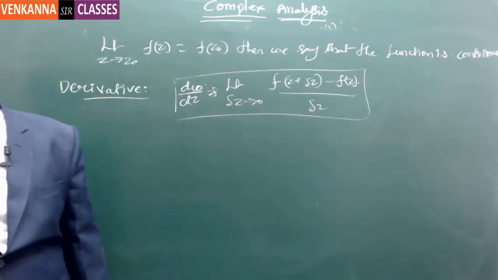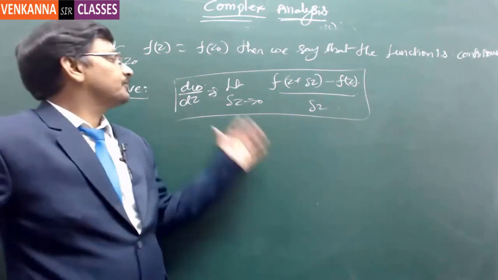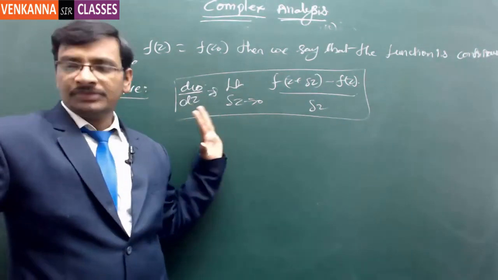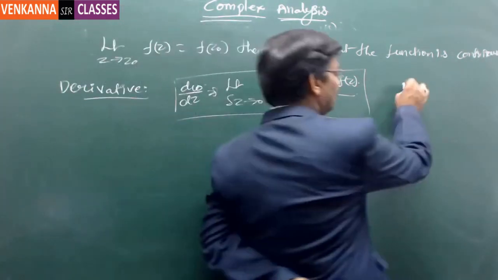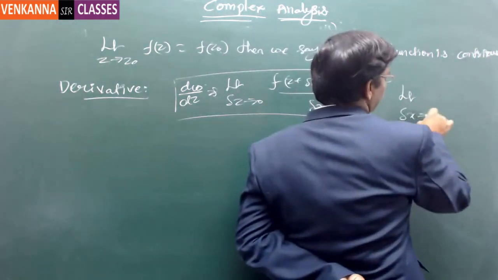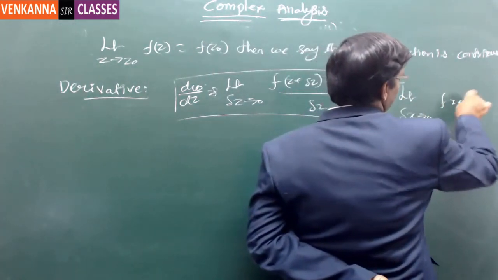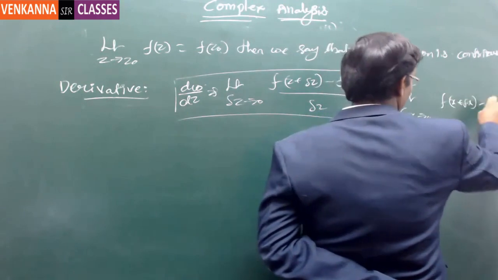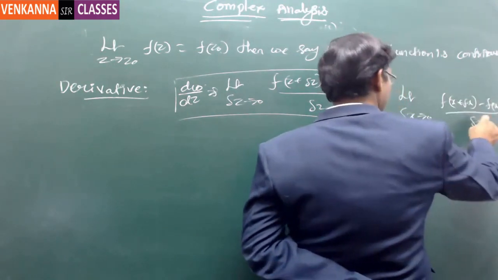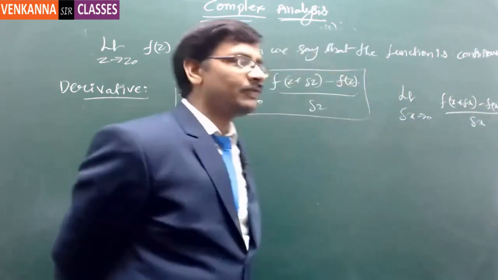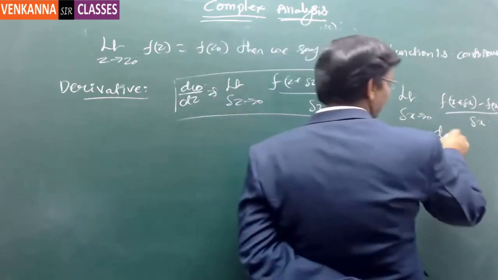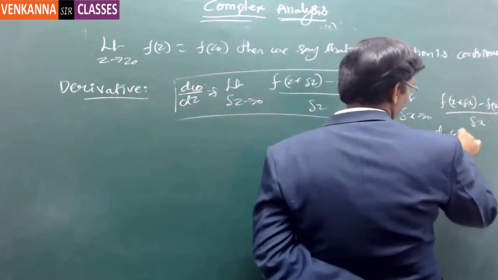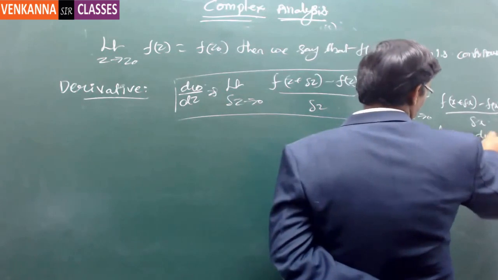Got it? This is the derivative. Here see this dw by dz, the way we have defined the normal derivative: limit delta x tending to 0, f of x plus delta x minus f of x divided by delta x. So this is the limit of a normal function, which we define as dy by dx of f of x, or in general dy by dx.